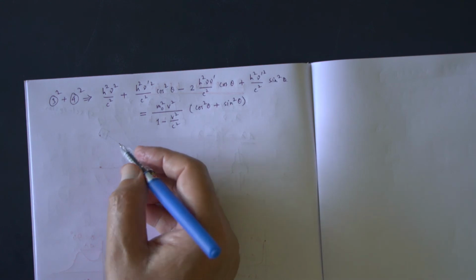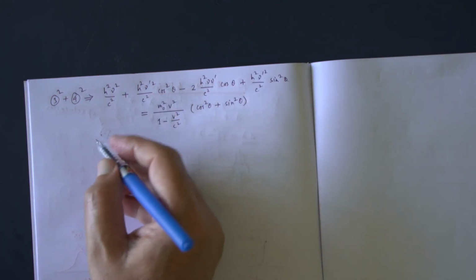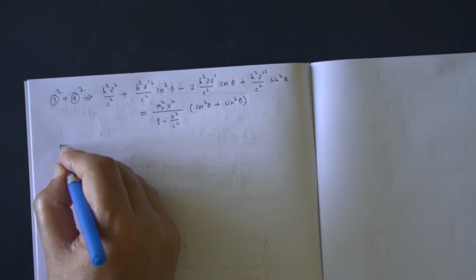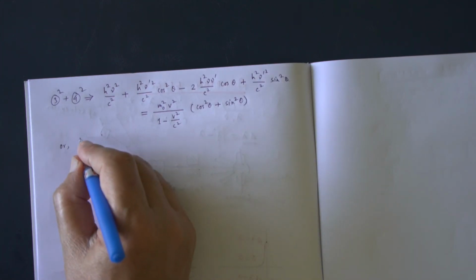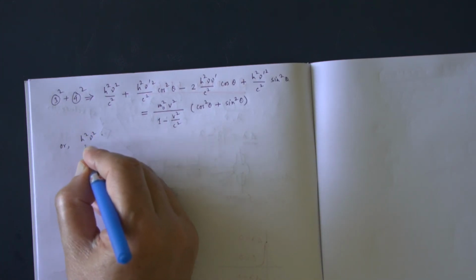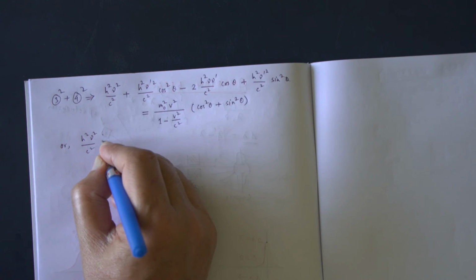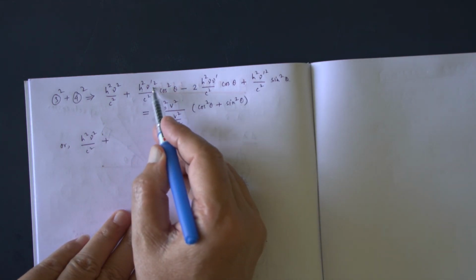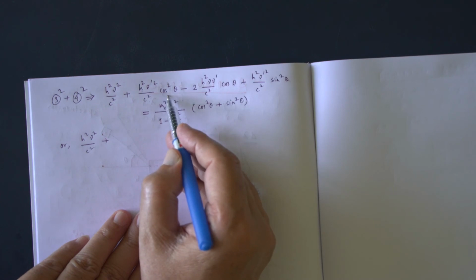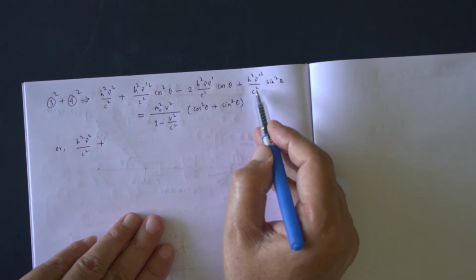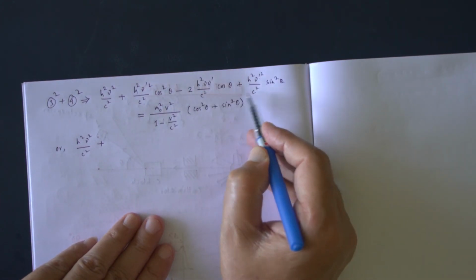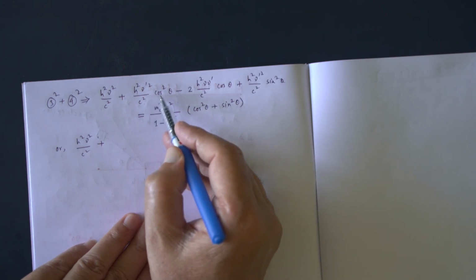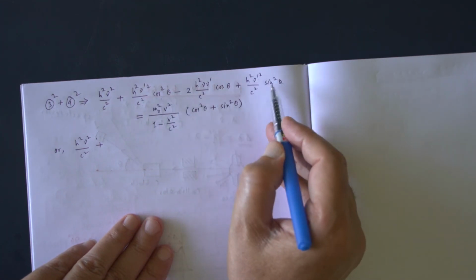Then we can simplify this also. We get h square nu square by c square plus h square nu dash square by c square cos square theta plus h square nu dash square by c square sine square theta. We can take this common, so cos square theta plus sine square theta is 1.